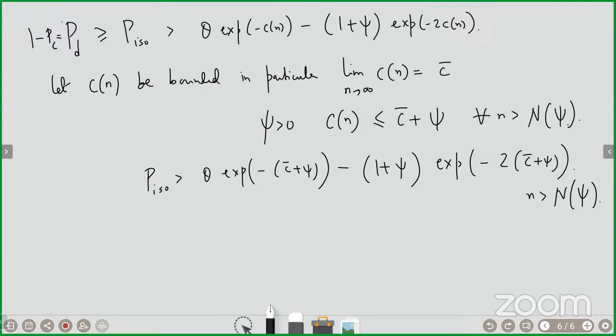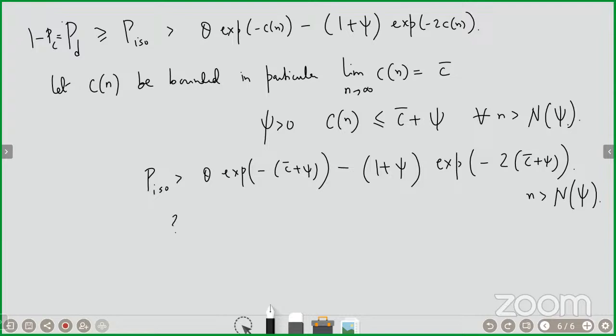Okay, so now why am I done? At least now give me the punchline. If c bar is bounded, this quantity is also bounded. So in conclusion, you put a question mark as to that, and you go back home and do it for yourself.